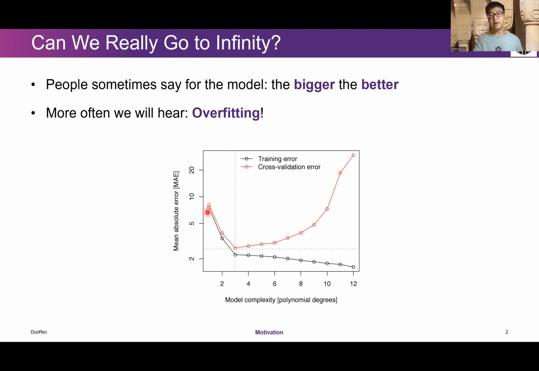The gray line here is the training loss, and the red line here is the cross-validation loss. We can see that when the model complexity becomes larger and larger, the training loss will decrease, but the cross-validation loss will first decrease, then increase. So people will say that there will be overfitting here.